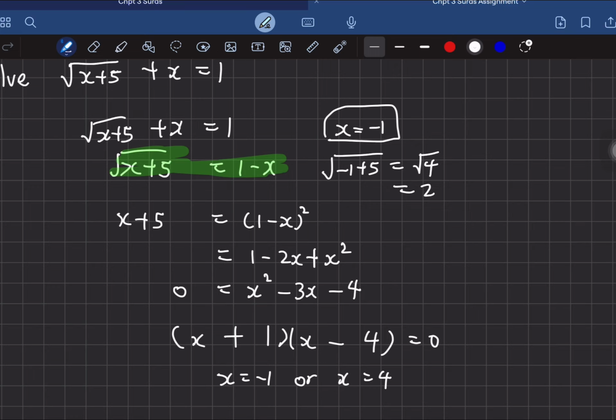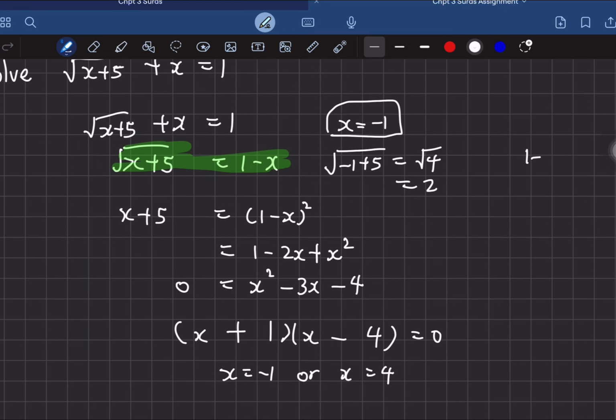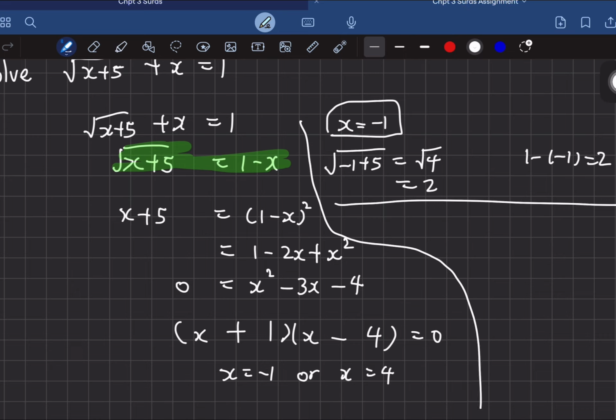Fine. Then my right hand side, I have 1 minus negative 1. So fine, I have 2. Makes sense.